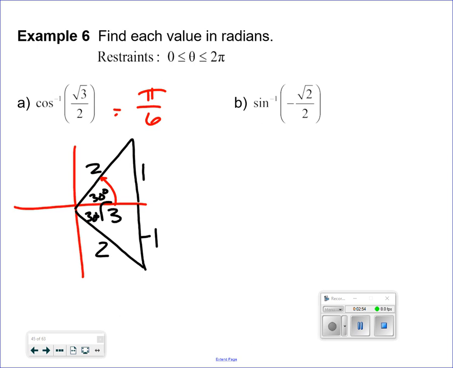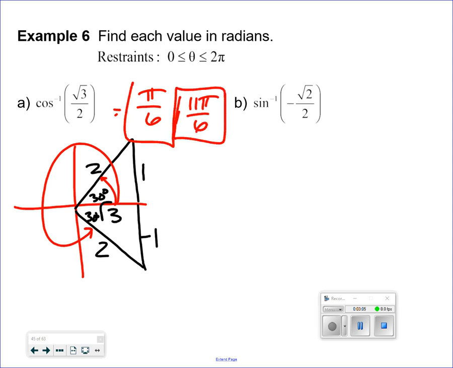So going all the way around, 330 degrees is 11 pi over 6. So there are two answers to this question. One is positive pi over 6, and the other one is positive 11 pi over 6. So again, going around, getting two answers.